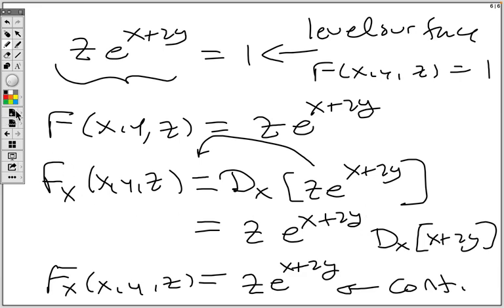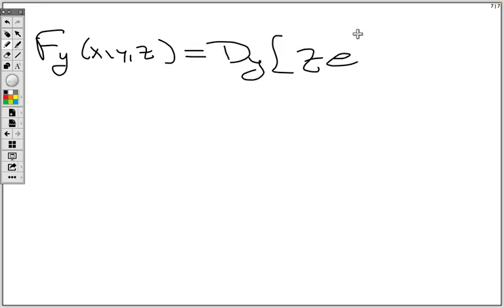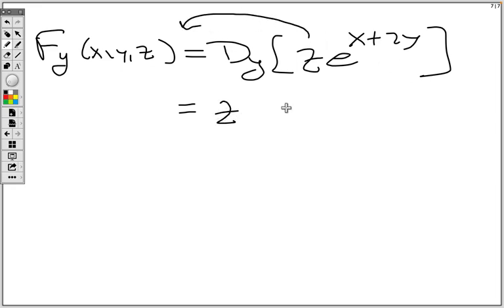Now we'll move over to fy. That's the derivative with respect to y of z e to the x plus 2y. Once again, when I'm taking the derivative with respect to y in this context, I'm treating x and z as constants. Z can come out.